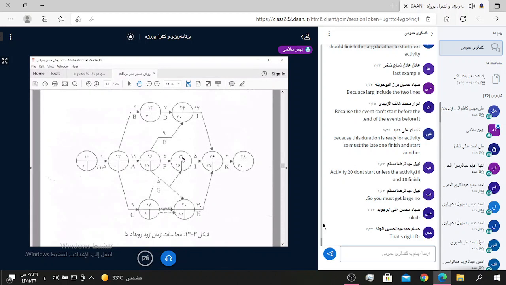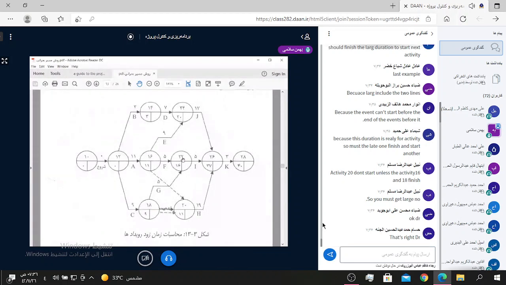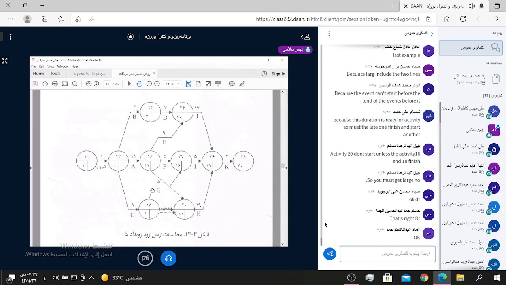We want to go to node 22. Node 22 is related to node 16 and node 18. In node 16, we use ES 11 and duration 5 days, giving 16.